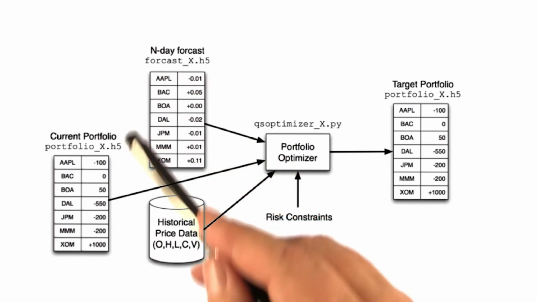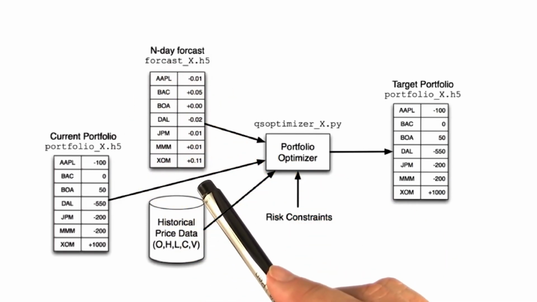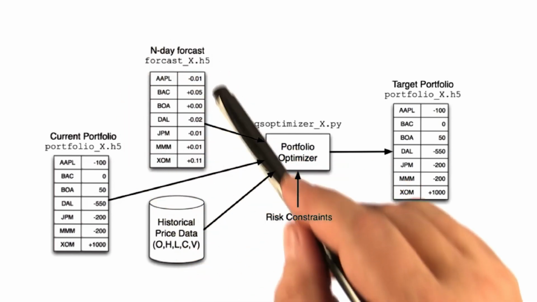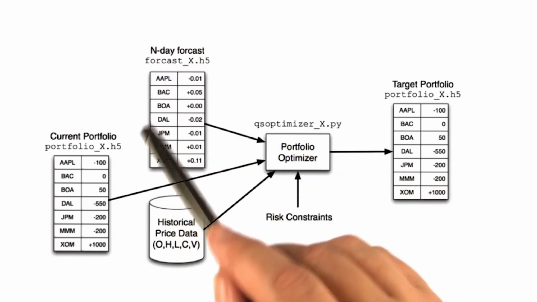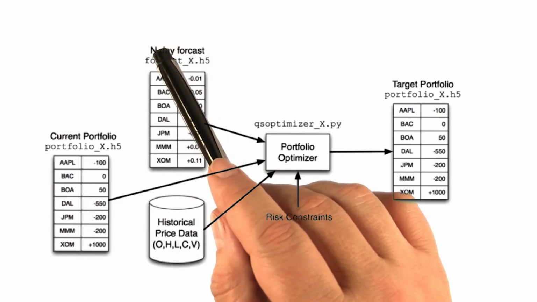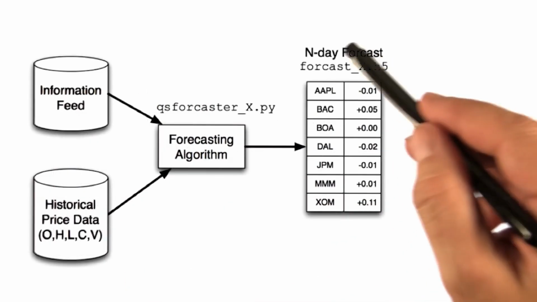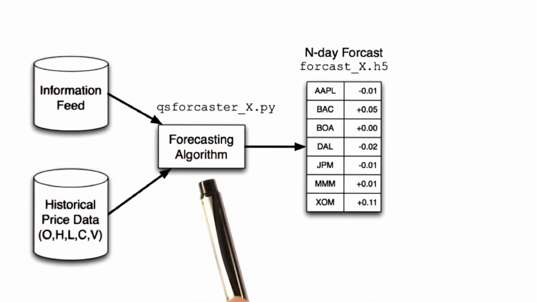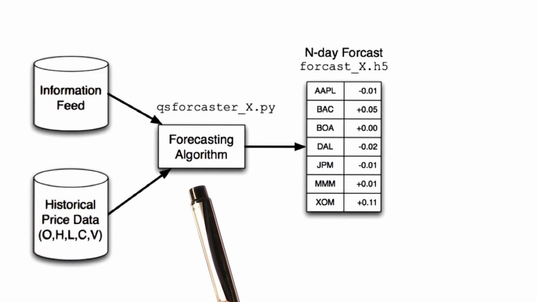Now, one more stop along our road here at the computing infrastructure of a hedge fund is to look at how we come up with this n-day forecast. By n, it might be 5 days or 10 days or whatever. So here's this n-day forecast, and we've got some kind of forecasting algorithm. This is very often in the form of a model, in fact, a machine learning-based model.